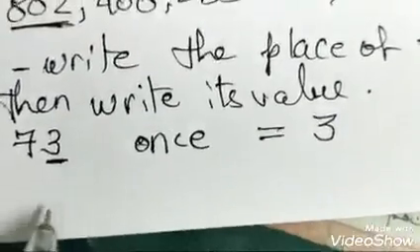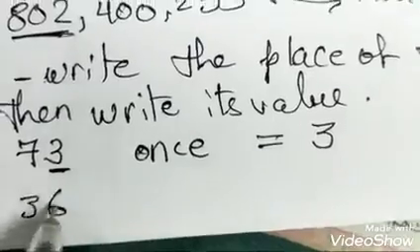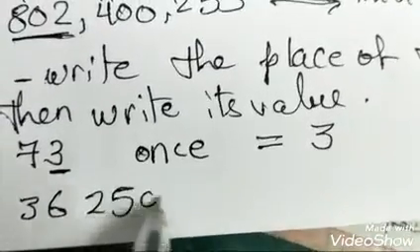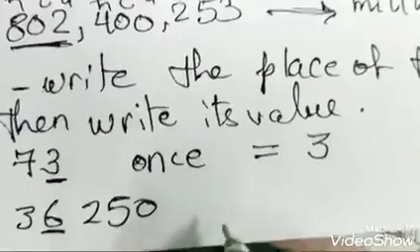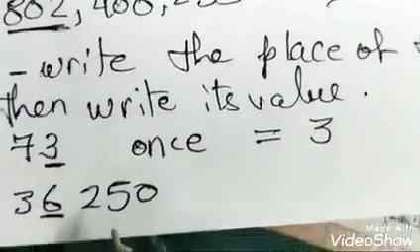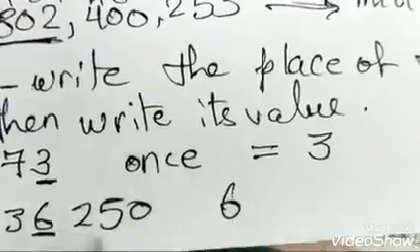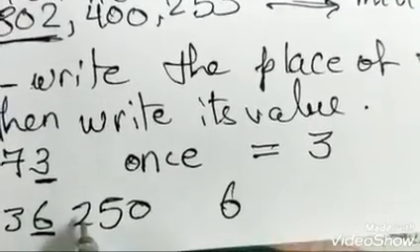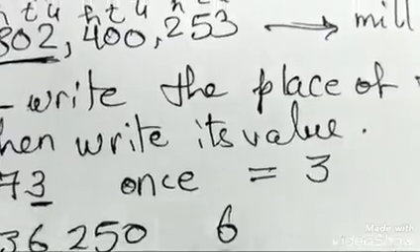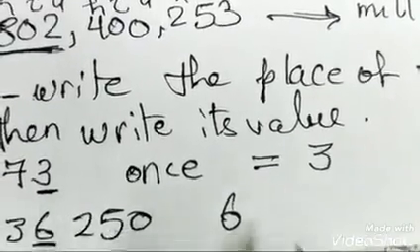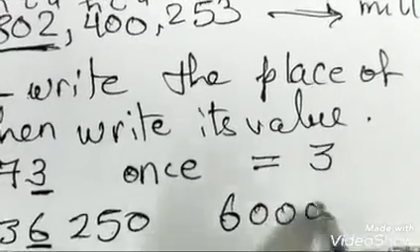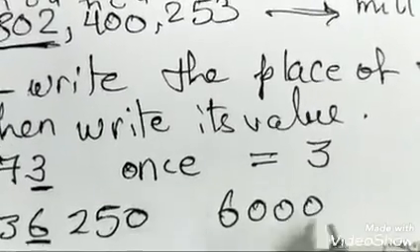Then I have 36,250, and the underlined digit is 6. So what shall I do? I have to put the 6, then put zeros by the number of digits to the right side. I have 1, 2, 3 digits, so I have to put 1, 2, 3 zeros. It means 6,000.